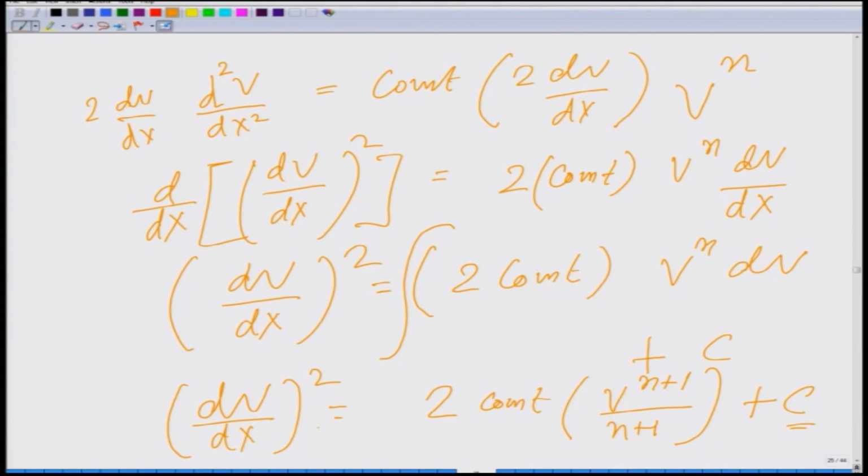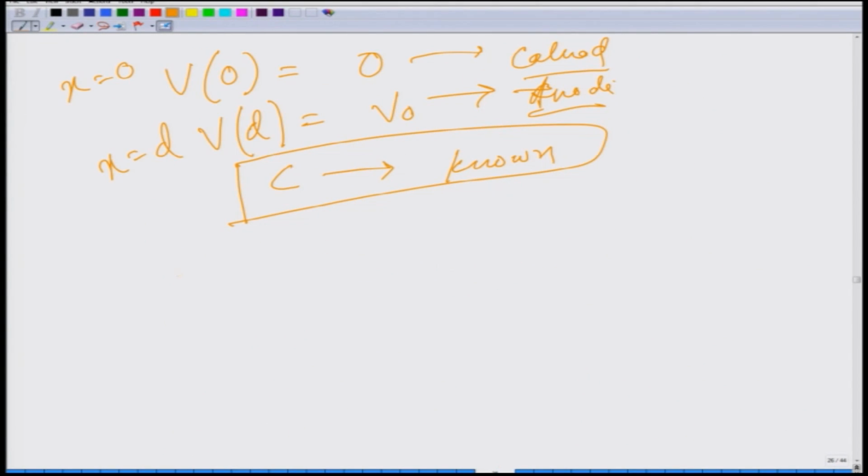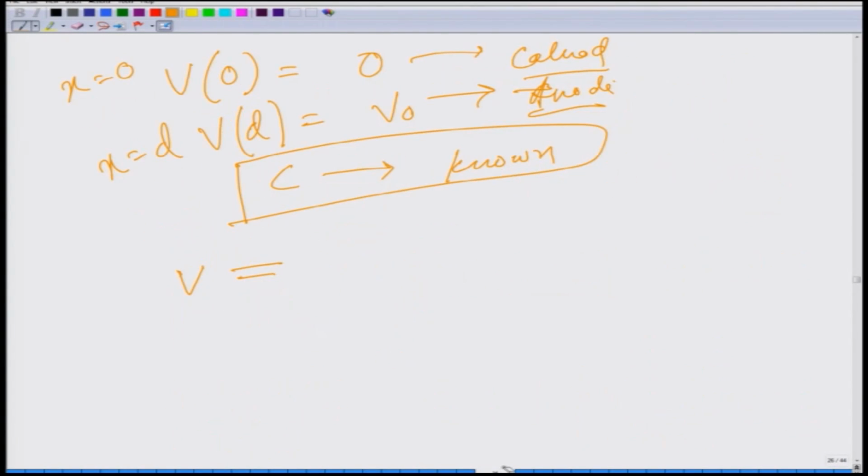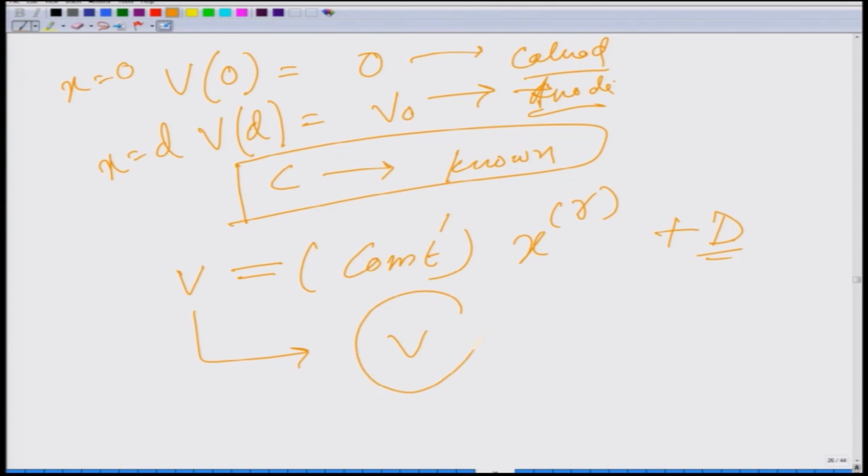Now, you have to solve this equation. Then you get V as a function of x. So, V will be some other constant, say constant prime, times x to the power of some gamma, plus d. Then you again have to use the initial condition and then you find out V finally. So, this is V(x) as a function of x.